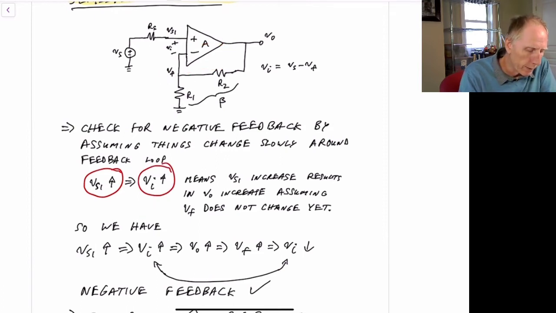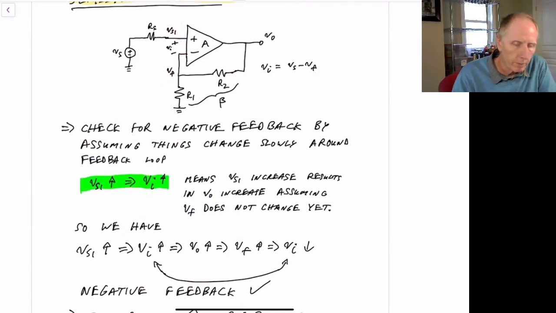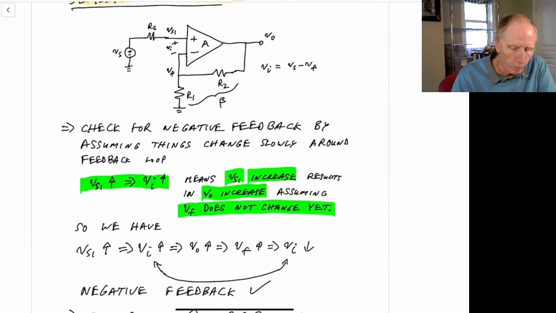So when we increase V sub S here, if this stays constant, then V sub I increases. And that's what this terminology here means. V sub S increasing results in V sub I increasing, which results in V out increasing. And as I said, that assumes that going around that feedback loop is very slow.